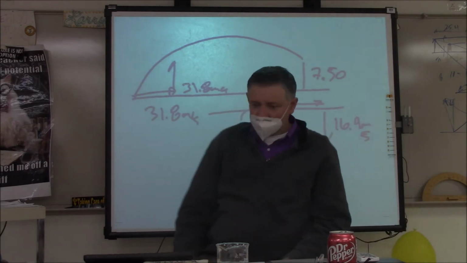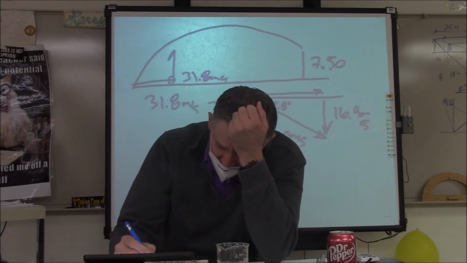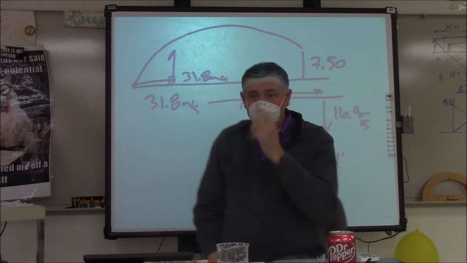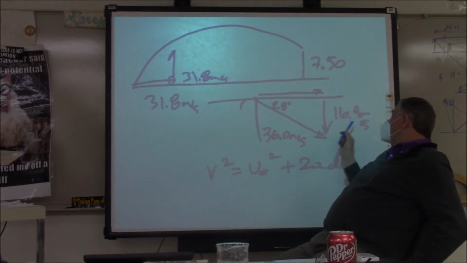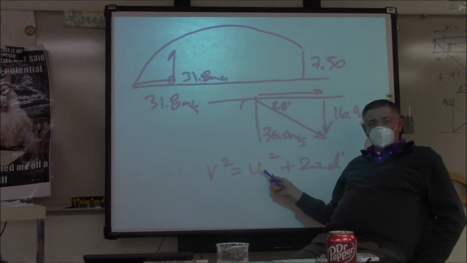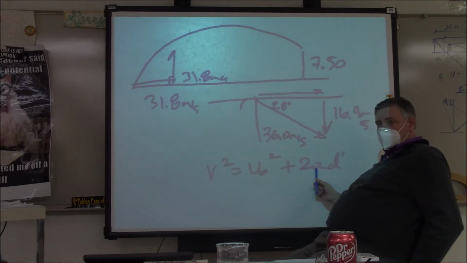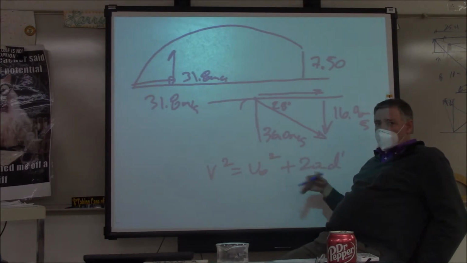So, what I'd recommend is that you use v squared equals v naught squared plus 2ad. Here's your initial vertical velocity. So you've got this number. You know your acceleration, and you know how far it has to fall. So you can either make both of these negative, or you can make both of them positive.